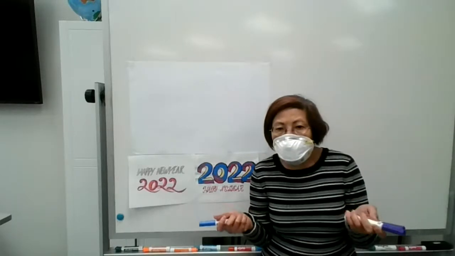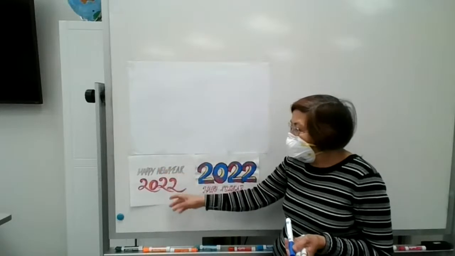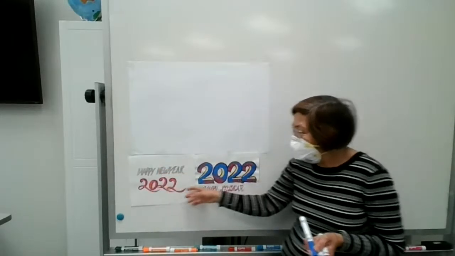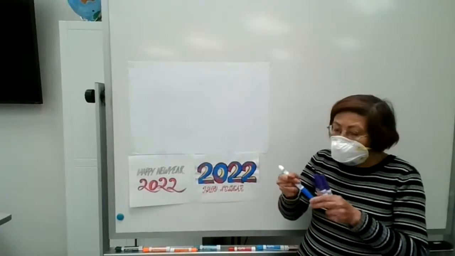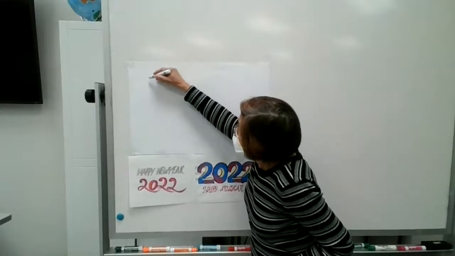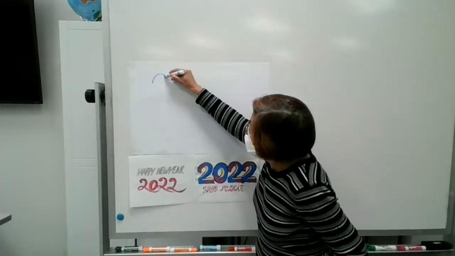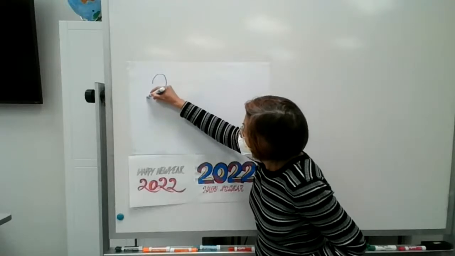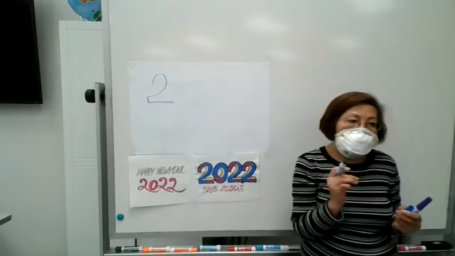So right now we just do the Happy New Year for 2022. You can use any color you like. So first you write Happy New Year and you write 2022 here. So first of all, 2022. We just draw the number 2 first, right? You know how to draw number 2, right? Okay, so just number 2 first.